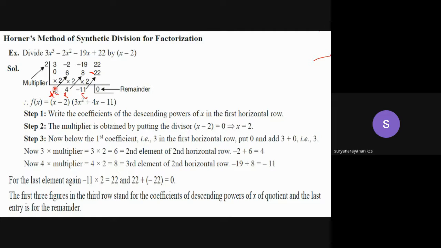Then what will you get here? 3x square plus 4x minus 11. Understood this polynomial?